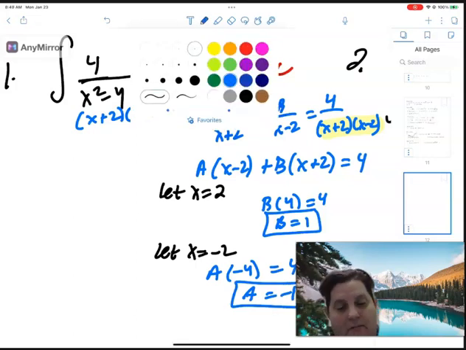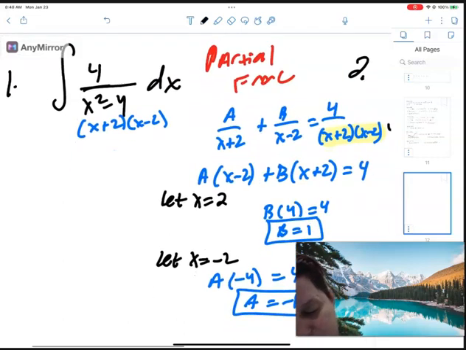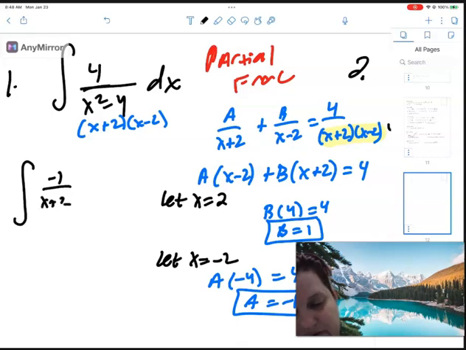Okay, so my integral changes to, let's see, negative 1 over x plus 2. I'm kind of referring back to which was which. Negative 1 over x plus 2, and positive 1 over x minus 2. And then these both become ln's.